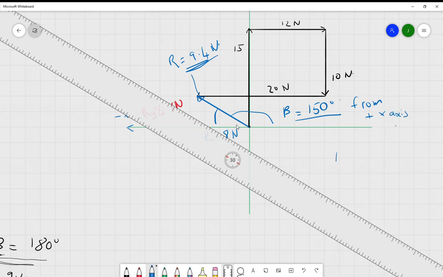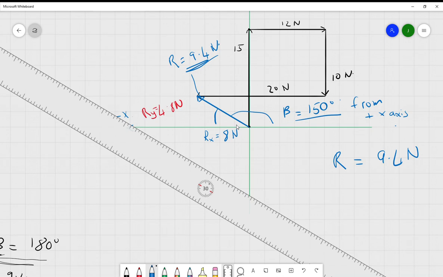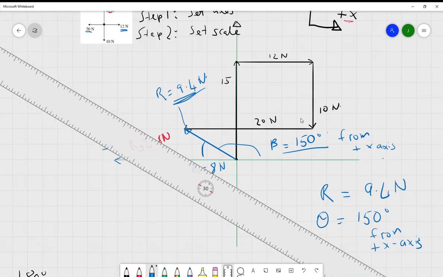So make sure to write down that R equals 9.4 newtons, or 9.5. You can see that there's a bit of discrepancy, and I allow for that. And that the angle, theta we'll call it, or beta, it doesn't matter, is 150 degrees from the positive x-axis.